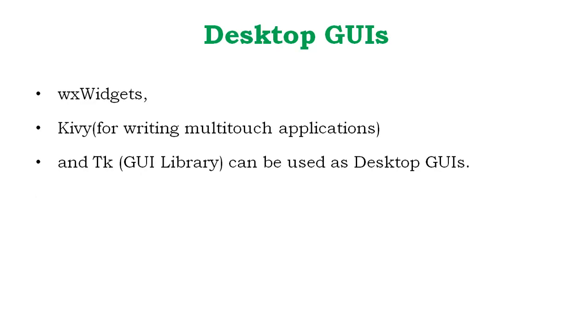Now for the desktop graphical user interface, one is Kivy, then Tk, that is a graphical user interface library, and the next one is wxWidgets. These are the three graphical user interface contents for designing purposes. To design a page, you can apply these contents.